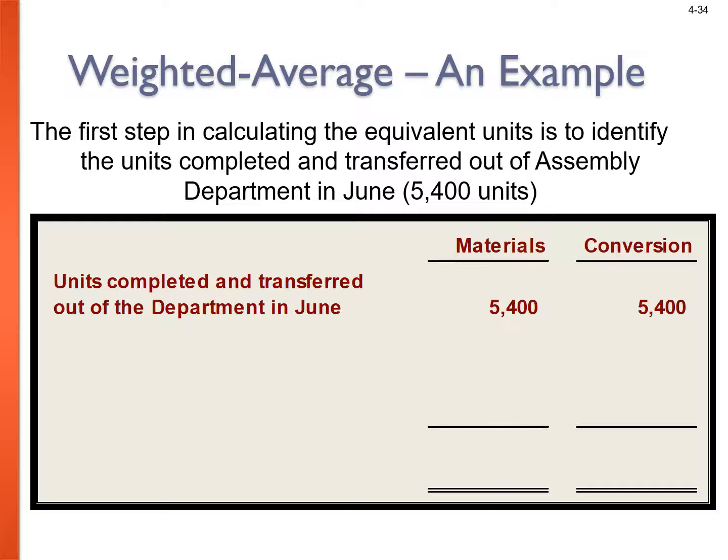When we're determining equivalent units for this department, we start with the number of units transferred out. 5,400 were transferred out with materials and conversion. So that's the equivalent units of the items that were transferred out, and they were totally complete.